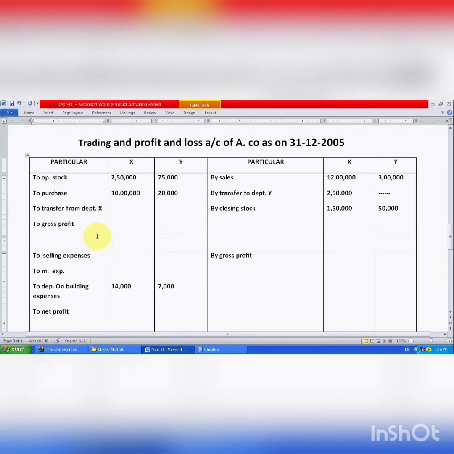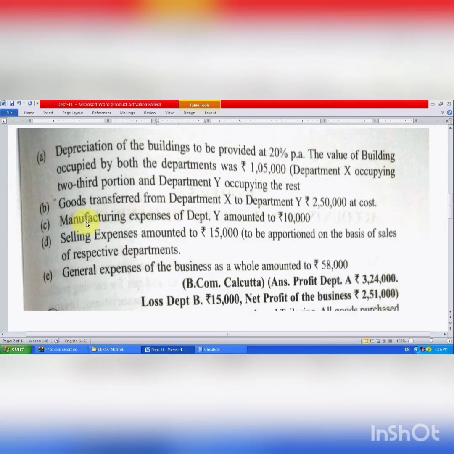Transfer from department X: since X is completely transferring, write nil here for X, and write 2,50,000 for Y.